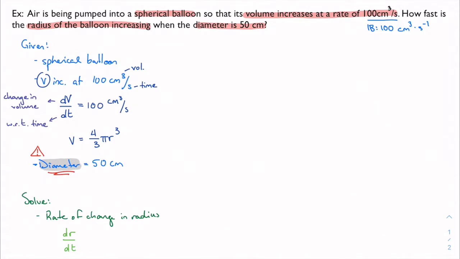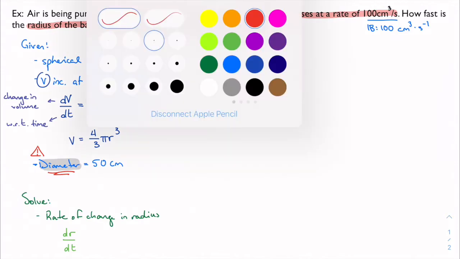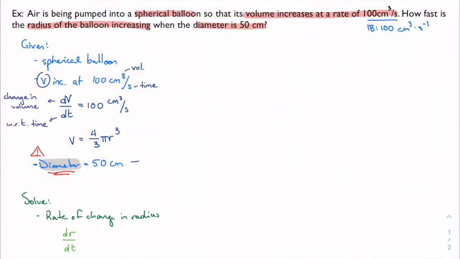Because what's important when we're talking about calculations with spheres and circles is the radius. So the first thing you should do is calculate the radius and convert this to the more helpful piece of information. The radius is 25 centimeters, just half the diameter. Anytime, read the problem carefully. That's all it comes down to, right? Read carefully.